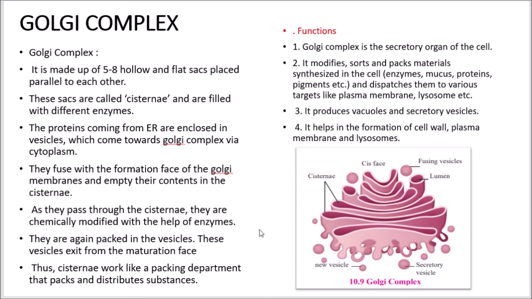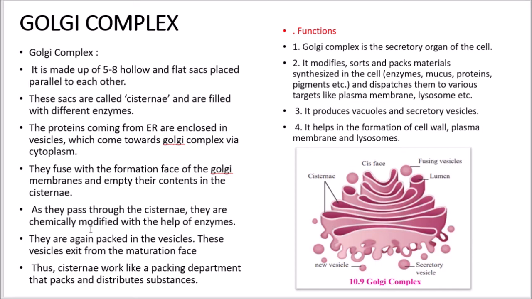The proteins coming from the endoplasmic reticulum are enclosed in vesicles which come toward the Golgi complex via the cytoplasm. So there is transportation of fluid through the vesicle. Understand? They fuse with the forming face of the Golgi membrane and empty their content in the cisternae.